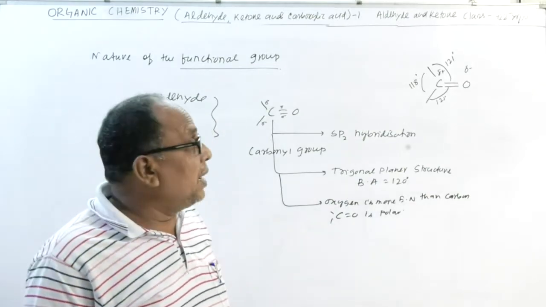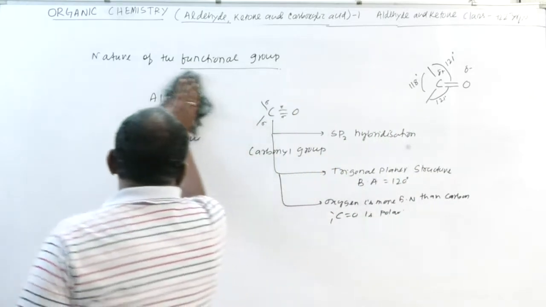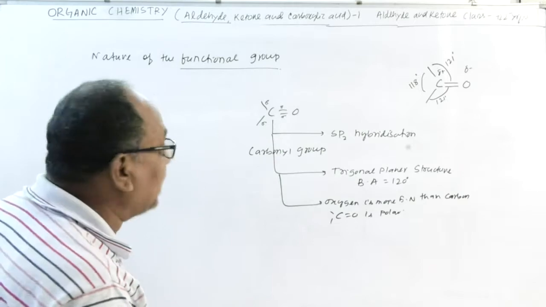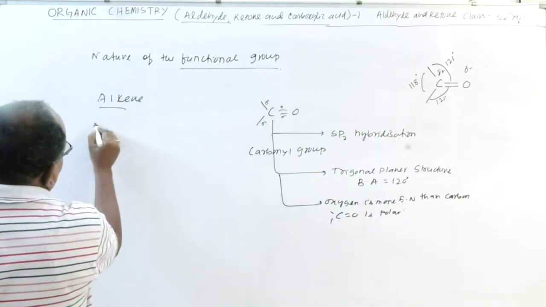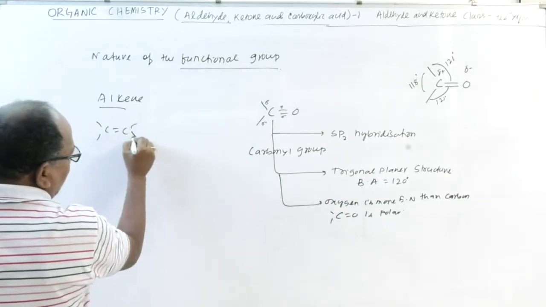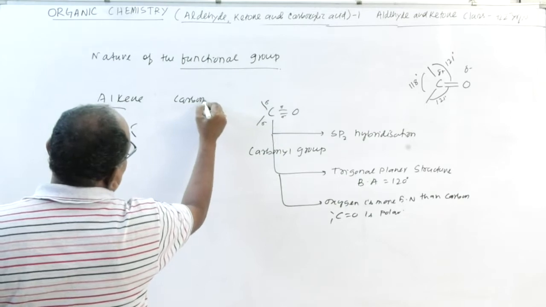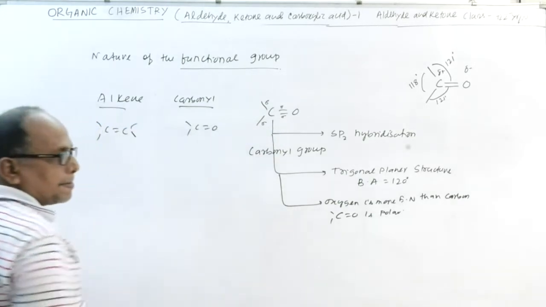Okay, and how does the carbonyl group differ from alkene? Alkene contains a carbon-carbon double bond, but carbonyl contains a carbon-oxygen double bond.